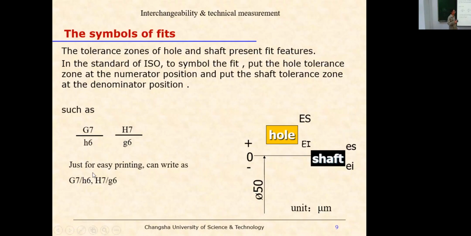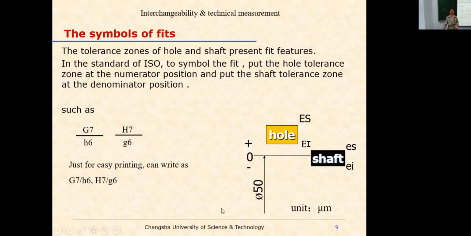So when I ask you to design a part, and some parts are related to the shaft and the hole, they have a symbol that you need to write or draw for the fit, because this is your work to design the fit.